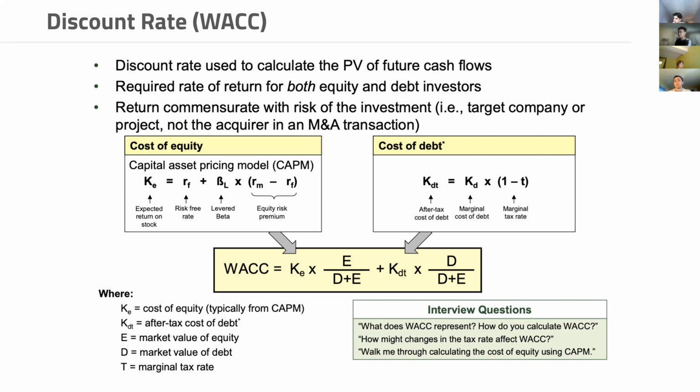No one's going to be willing to get less than a treasury. We have the beta, the levered beta, which is the volatility or the correlation between the company's performance and the overall market. And then something called an equity risk premium, which is how much investors are willing to pay for the risk of the stock market.